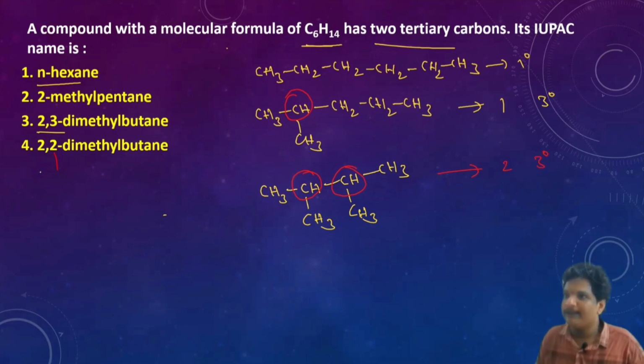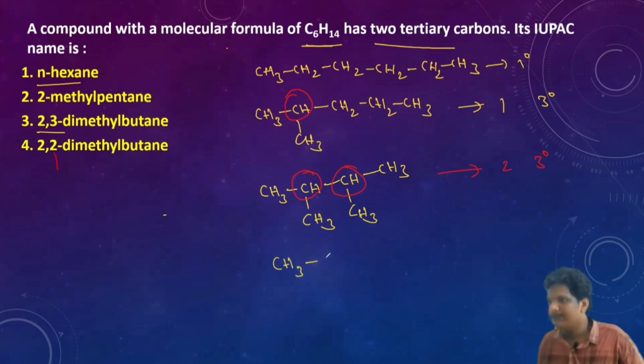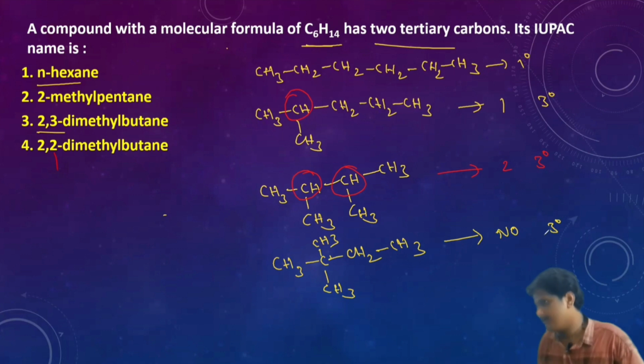In the next option, 2,2 dimethyl butane, there is no tertiary carbon.